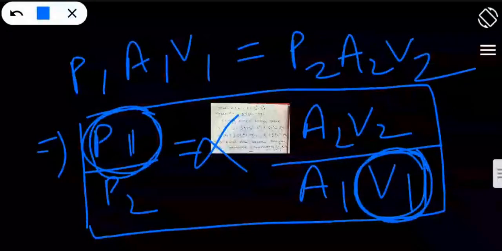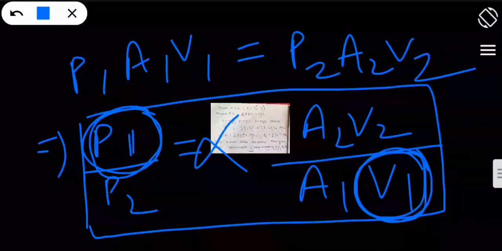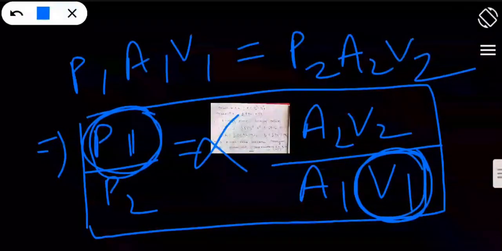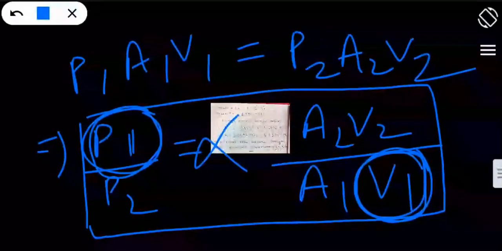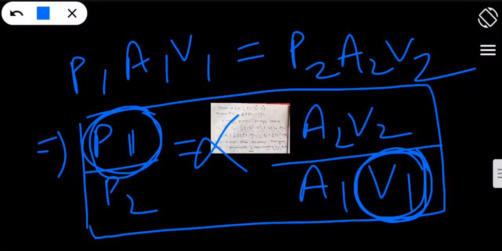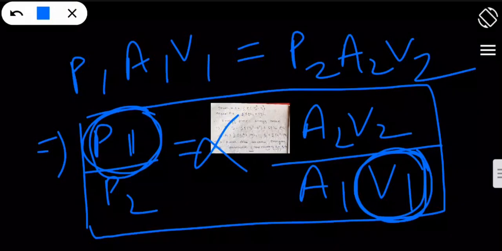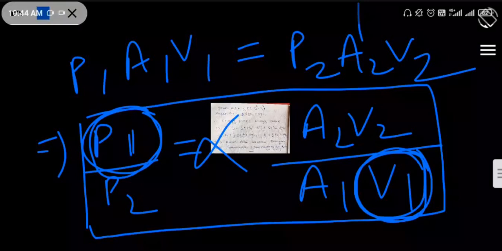This is applicable in various things like aeroplane wings, the Magnus effect that bowlers use to swing the ball in swing and out swing, and somewhere in the Venturi meter. All these concepts we are going to study later on. But remember the concept: what is the pressure and velocity relation? It is an inversely proportional relationship, right?